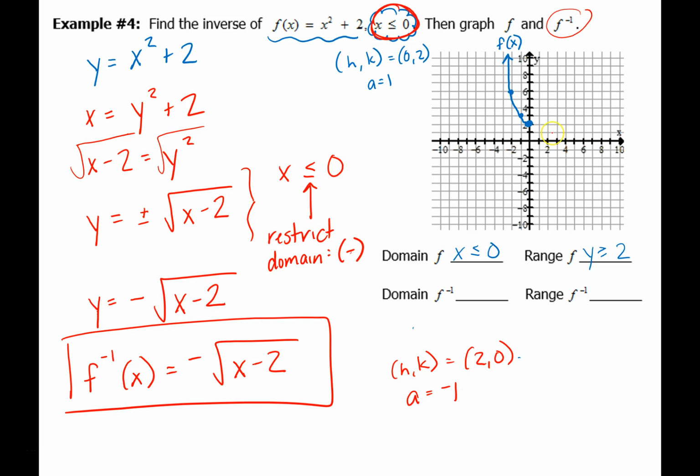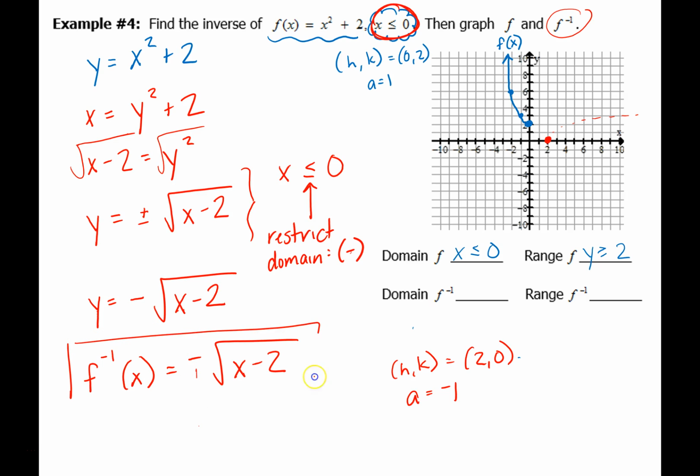So I'm going to plot 2, 0, and then instead of graphing it up here like that, I'm not going to graph that side, I'm going to graph the negative side. So I'm going to do this bottom half. When I go down 1, squared is 1, so I'm going to go over 1. Then I'm going to go down 2 and over 1, 2, 3, 4. And that gives me my square root function there.